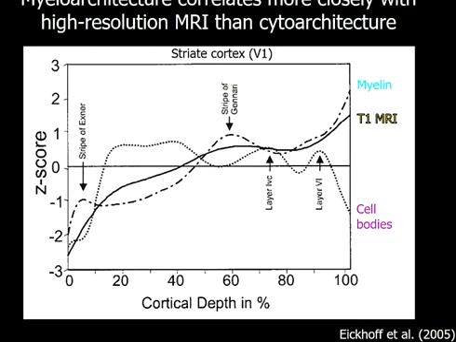So there's actually pretty good correspondence between the myelin stain and the T1 imaging here. And so it's worth bearing in mind, I think, that although cytoarchitecture is considered a kind of gold standard here, there are actually a lot of ways that we can look at structure, and a lot of ways that we can parcellate the brain, and we might want to take those things into account.